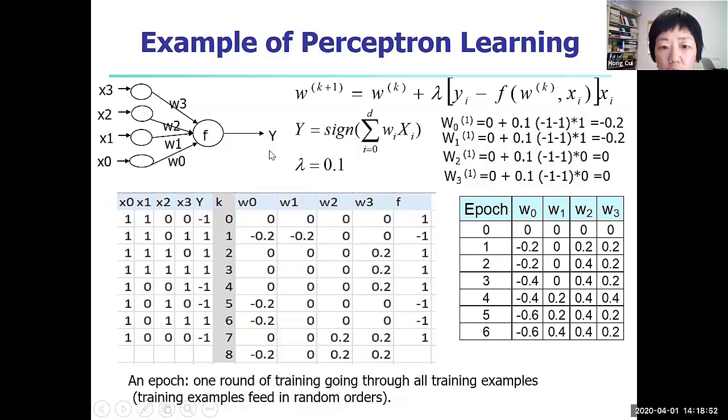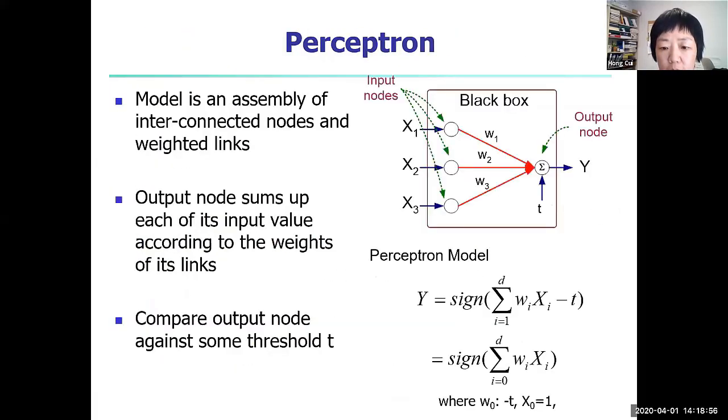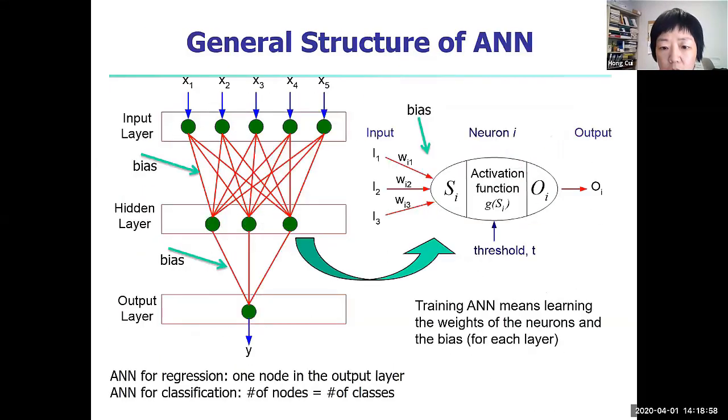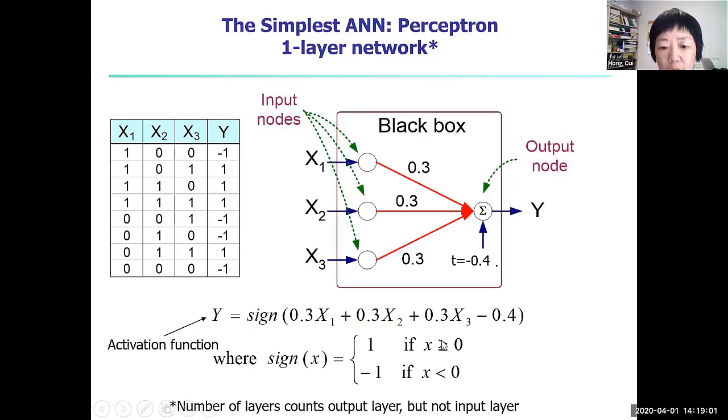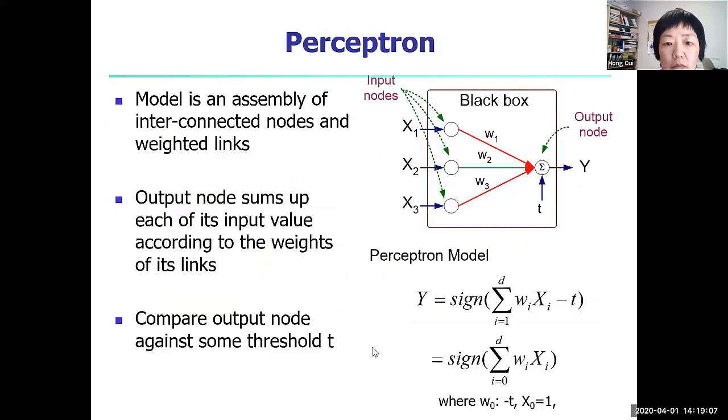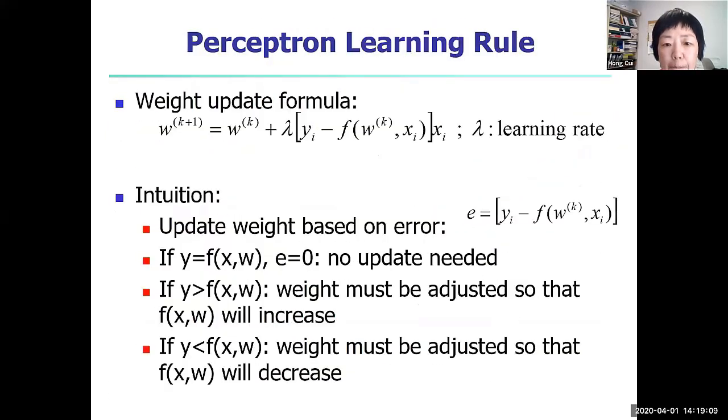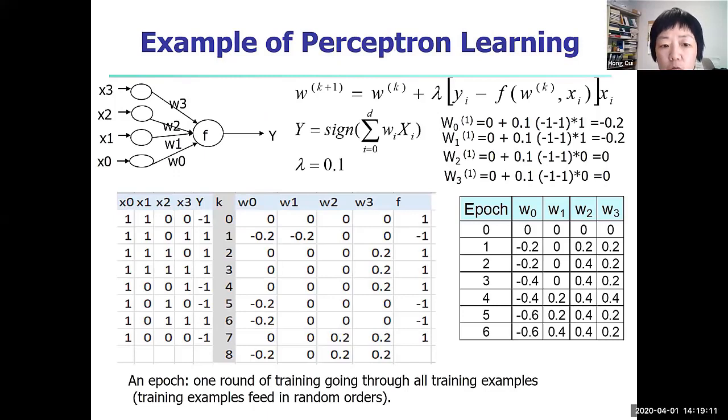Then our function outcome, what was our sign function? If it's greater or equal to 0, then the sign is 1, okay? So in this case, our prediction is 1. This prediction is different from the label. Therefore, we need to update our weight.